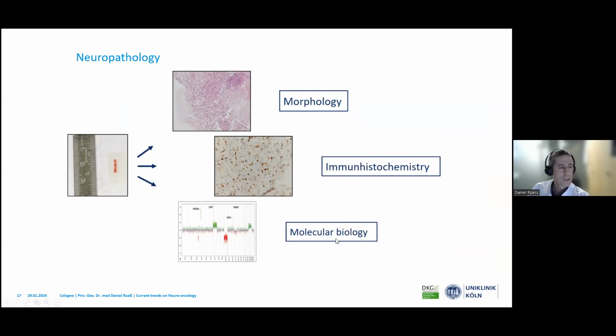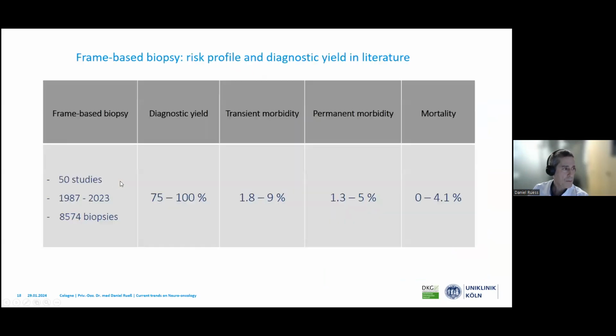So, but we ask ourselves, how is it about this diagnostic? The diagnostic yield is mainly essential for a biopsy because we only have this small specimen. And so we did a literature research about the last 30 years or nearly 40 years, with nearly 9,000 biopsies involved.